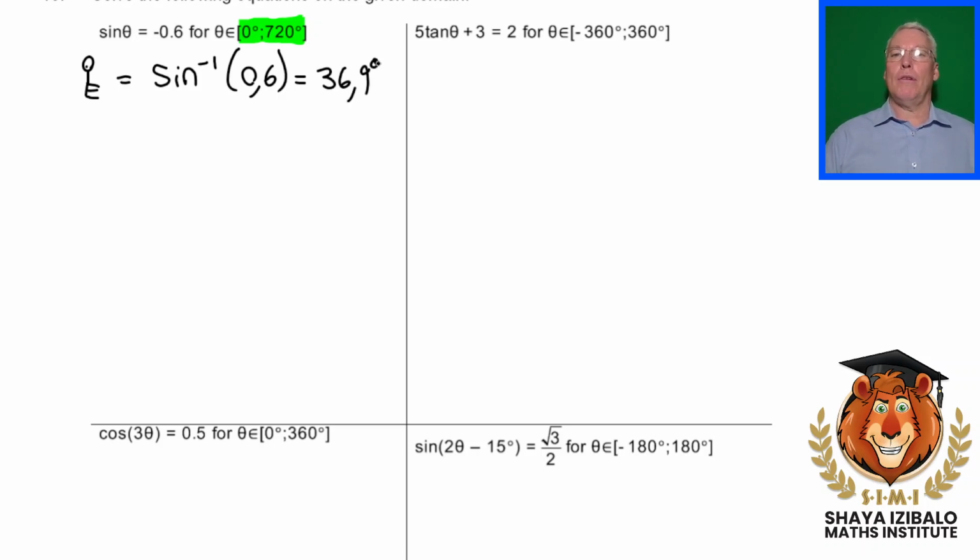Next up, which quadrants do we want to be in if sine is negative? We want to be in quadrants 3 and 4.